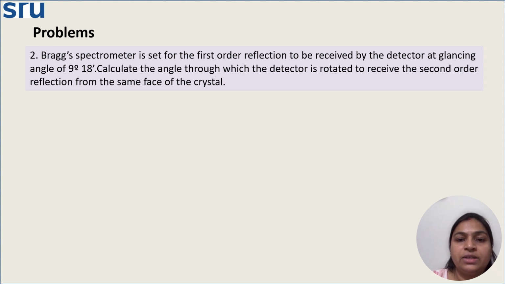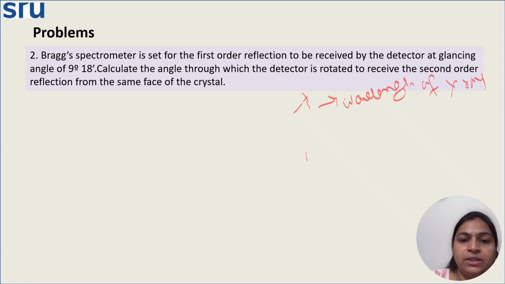Let us first consider that lambda is the wavelength of the X-ray, and theta 1 and theta 2 are the glancing angles for the first order and second order respectively.